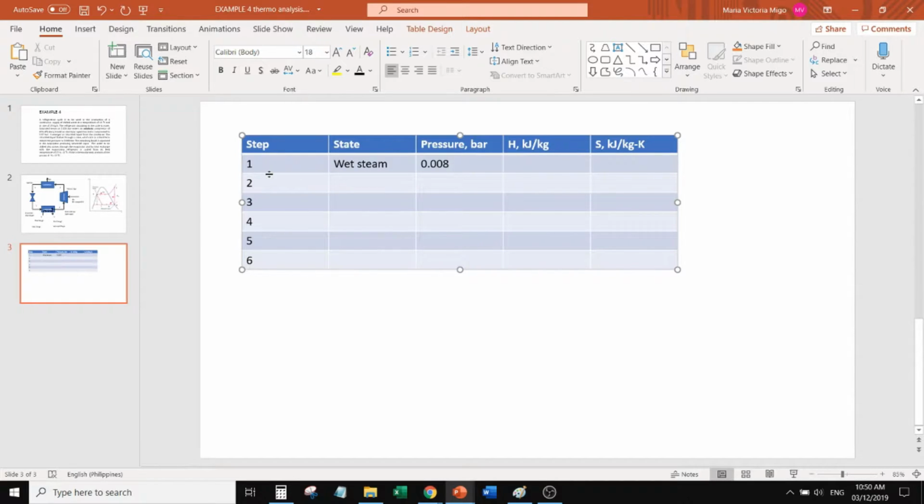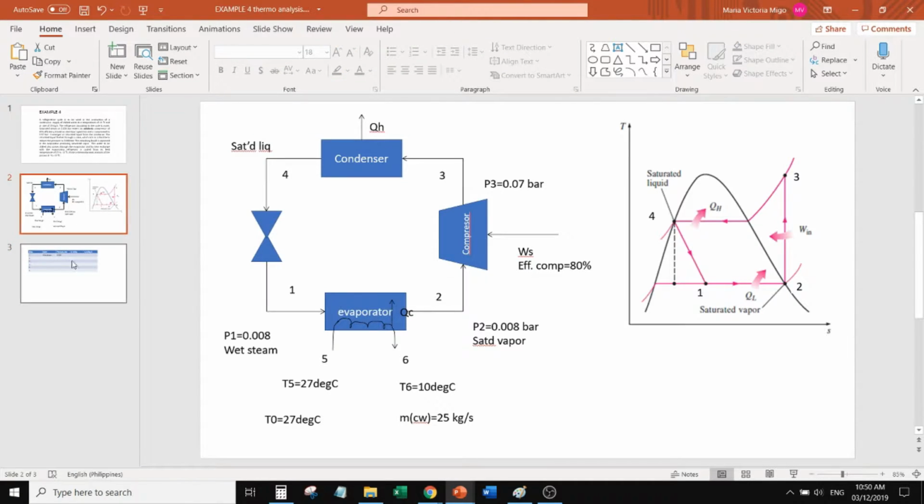Can we read this from the steam table? Yes, we can read it from the steam table, but let's do that later. Let's go to state 2.